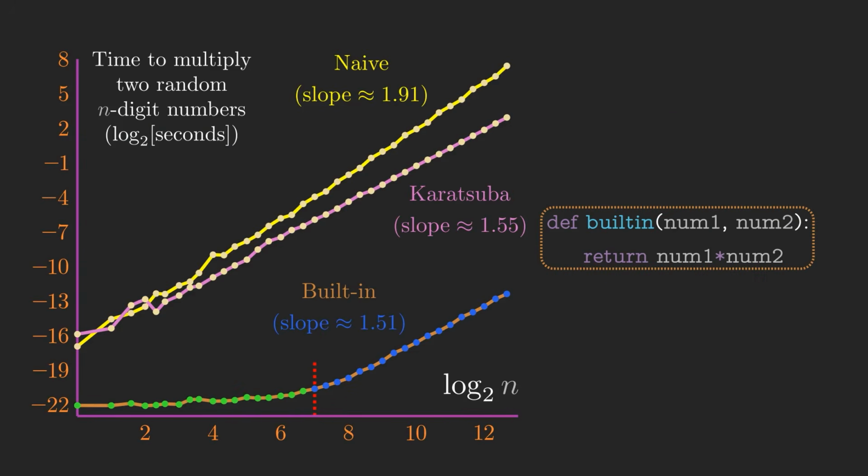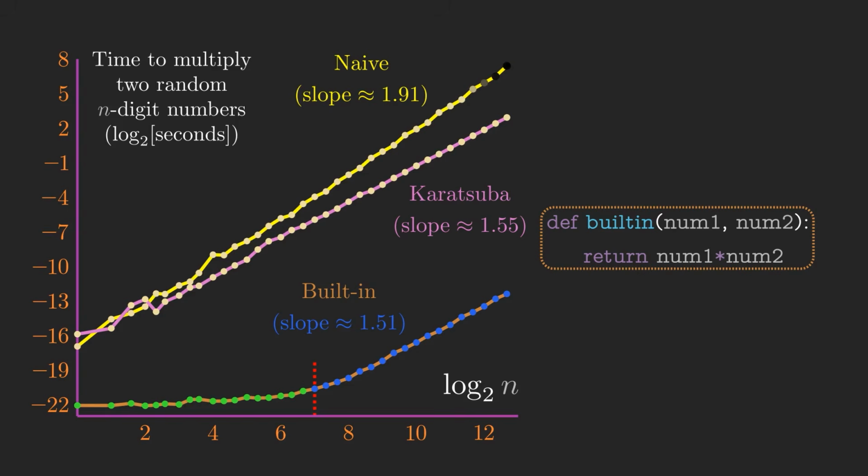What's really fun is you can see that because the tail end of the bottom curve becomes parallel to the pink line for my implementation, meaning they have the same slope. Hypothetically, if we were to force Python to keep using the naive algorithm for larger numbers, eventually the limiting factor would become the number of digits, and we would eventually see the slope of the bottom curve match the steeper slope of the yellow line instead, which is why Python makes the switch.